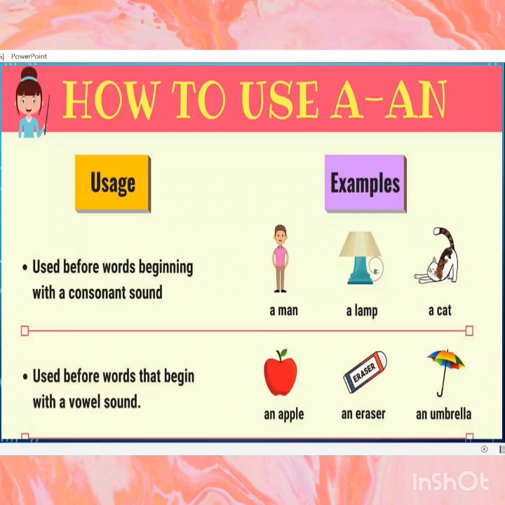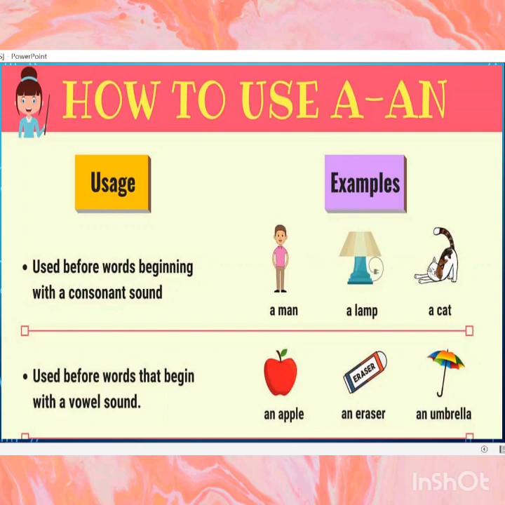How to use a or an? Now, the usage is on the left side and the examples towards the right side. A is used before words beginning with a consonant sound. Dear children, you must be aware that in the English language we have 26 letters altogether, in which 21 are consonants and 5 are vowels. So a man, a lamb, a cat.